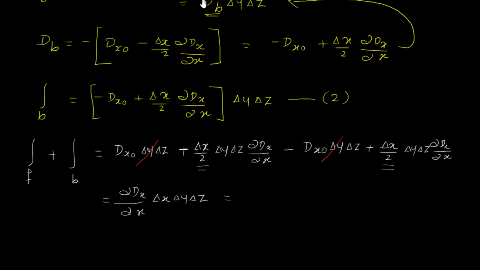Now what is this delta x delta y delta z? It's a cuboid. You know that length into breadth into height will be the volume. So if I evaluate D dot dS over front and back and add them, I get the variation of dx along the x axis multiplied by the volume of the cuboid.